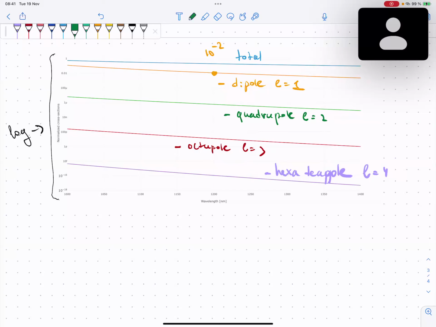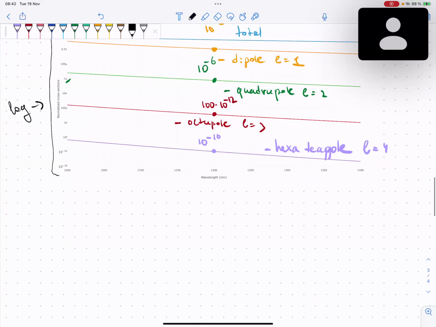The quadrupole scattering is 10 to the power minus 6 already, and the octupole is like 10 to the power minus 12, and this is basically 10 to the power minus 16, something like this.